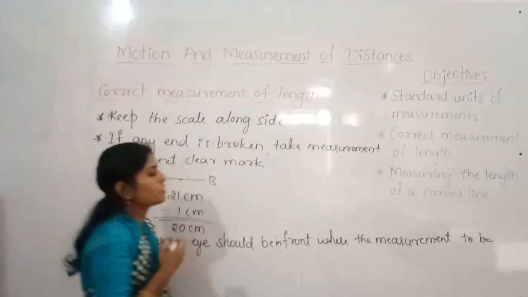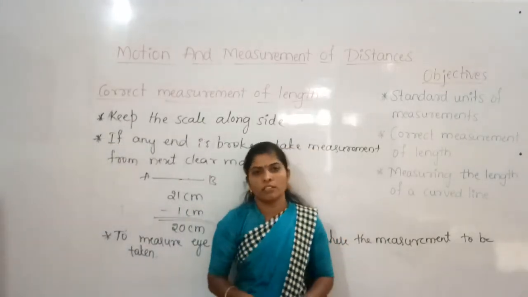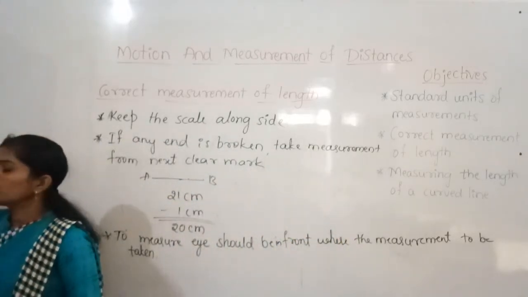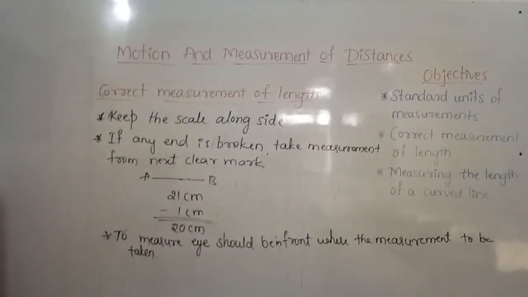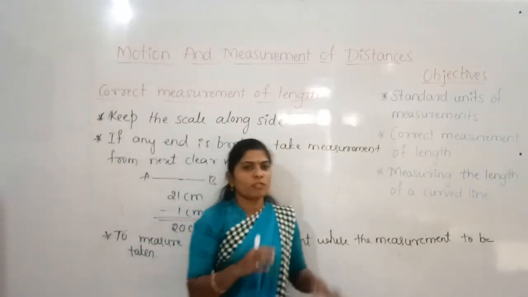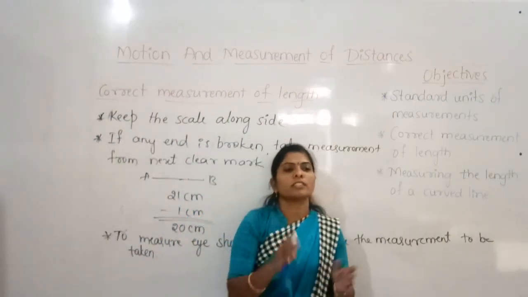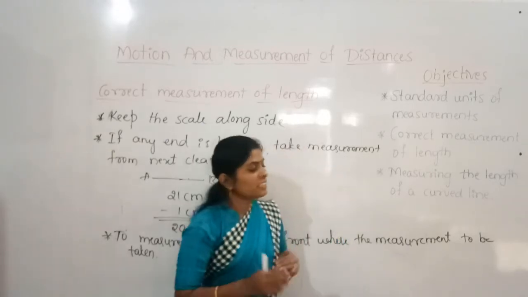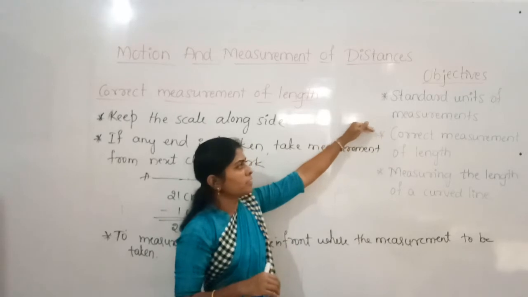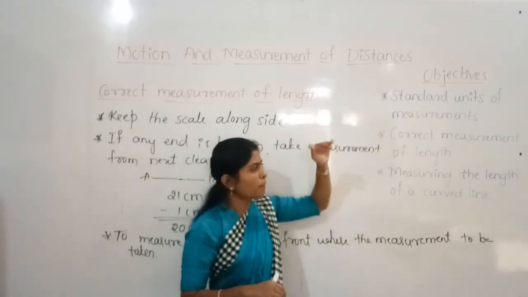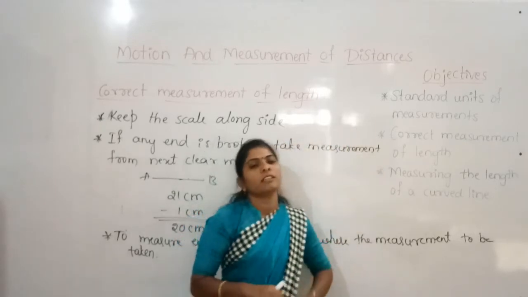So now you just do one activity which is given in your textbook. You can measure the length of any object or the height. You just measure your height. Now you are not there in the school, so just do this activity with your friends. Just mark one of your friends' height on the wall.